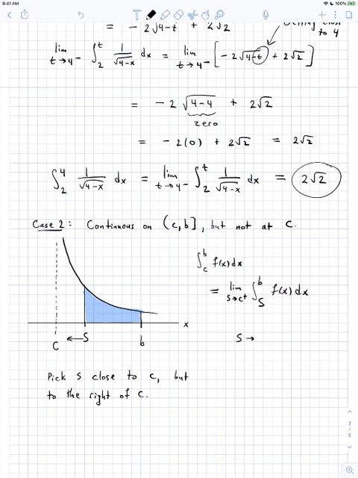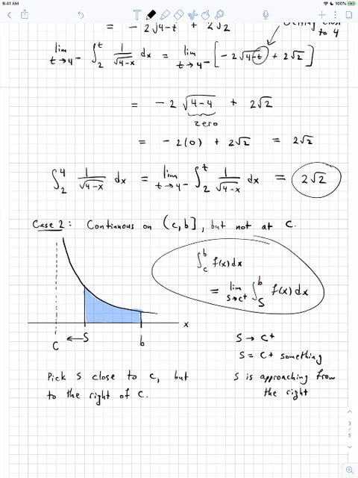So s approaches c from above. That means s is equal to c plus something. So s is bigger, s is approaching c from above, or from the right. And that's how you compute an improper integral of this type.